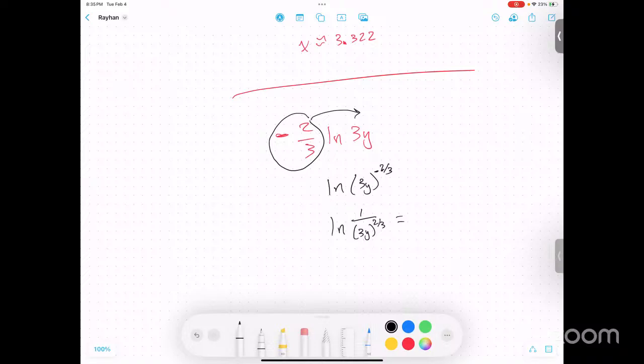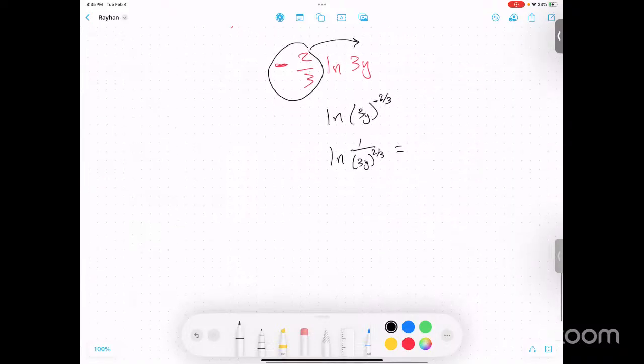Do you have a way to check the answers? Yeah, there's an answer sheet. So just check, because sometimes they'll say, "Oh no, you have to rationalize the denominator." Technically, right now what you have is the cube root of 3y squared in the bottom.